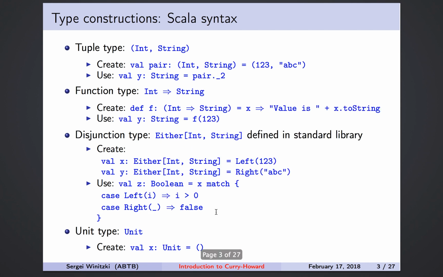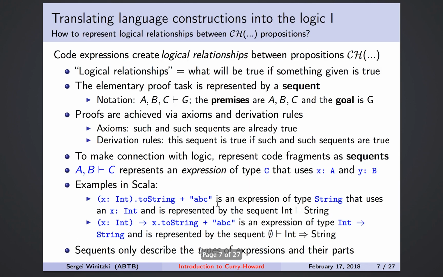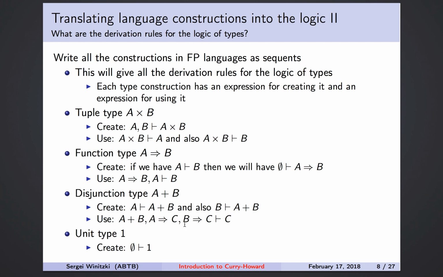We have a new type C that is being computed in each case, and each case is a function from the value that is held by the disjunction to that new type. So we have to assume that we already computed this expression and we already have somehow these two functions, and only then we can produce a value of type C. So this is this sequent. And the unit type is represented by this sequent. It has no premises and it already can give us an expression of unit type.